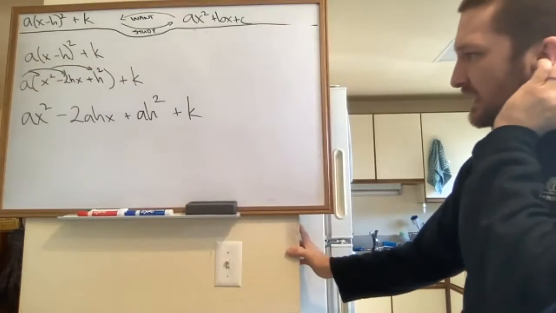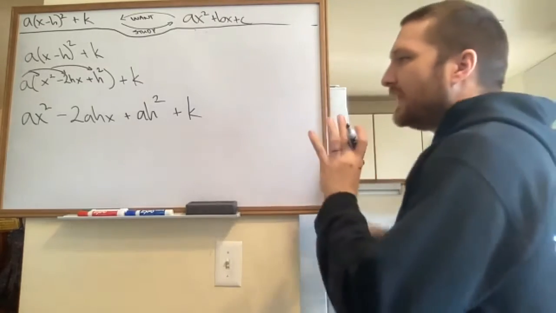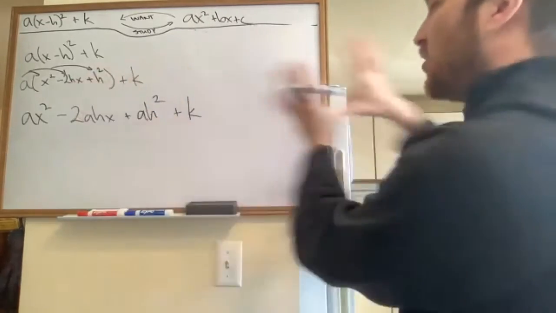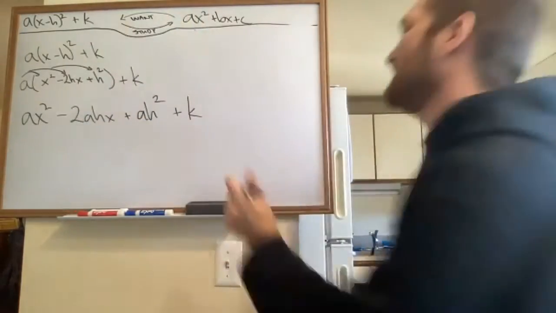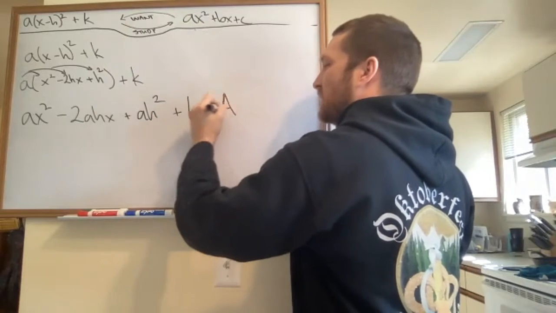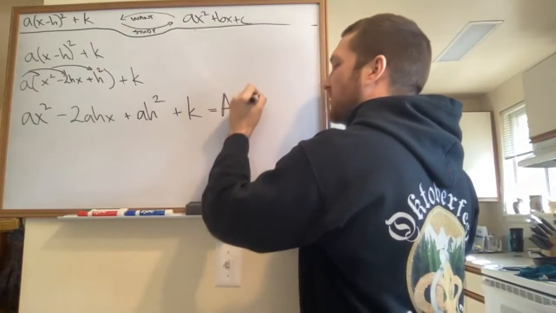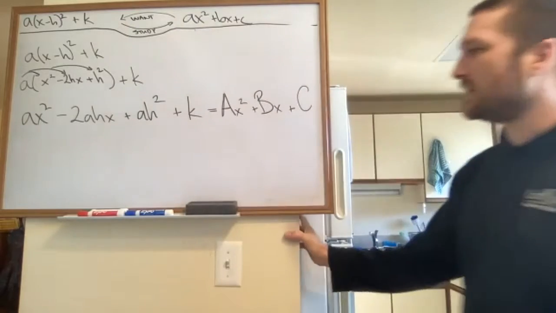That's what that is. The thing to notice here is that if we're going to find a correspondence between this type of thing and this type of thing, watch what I'm going to do. I'm going to use capitals because we don't know what's going on. I'm just going to say we have a general thing like this.